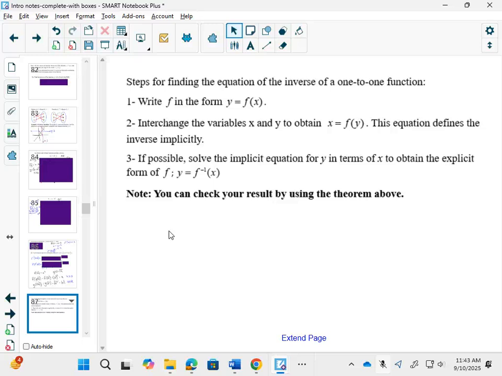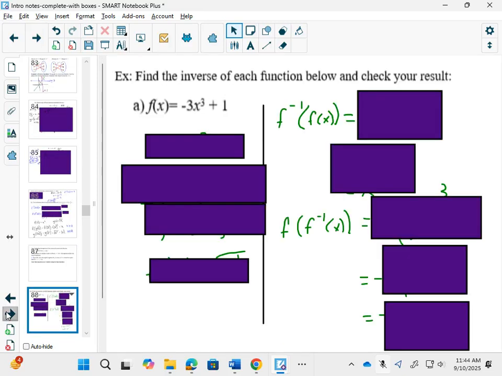So steps for finding the equation of inverse. If it's 1-to-1, you have y equals f of x, switch x and y. If possible, rearrange it to get y by itself, because then you can write f inverse. And you can always check by using the theorem. So this is what I want you to try. These two at the bottom on your own.